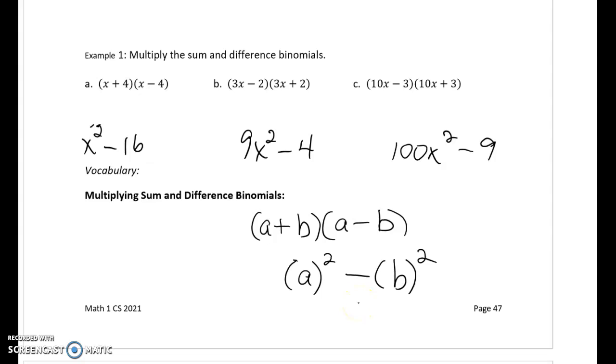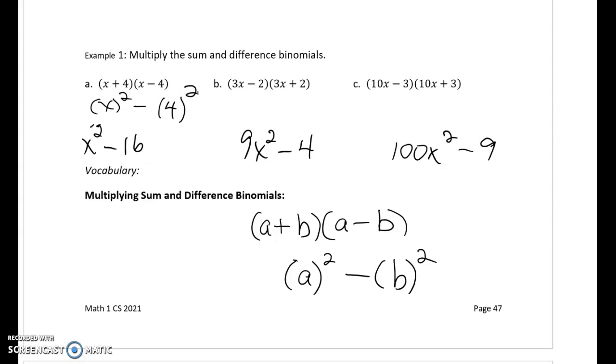To get our answer, all we need to do is take one of the terms, square it, take the other term, square it, and put a minus sign in between. X squared is x squared, 4 squared is 16, and there's our minus sign in between.